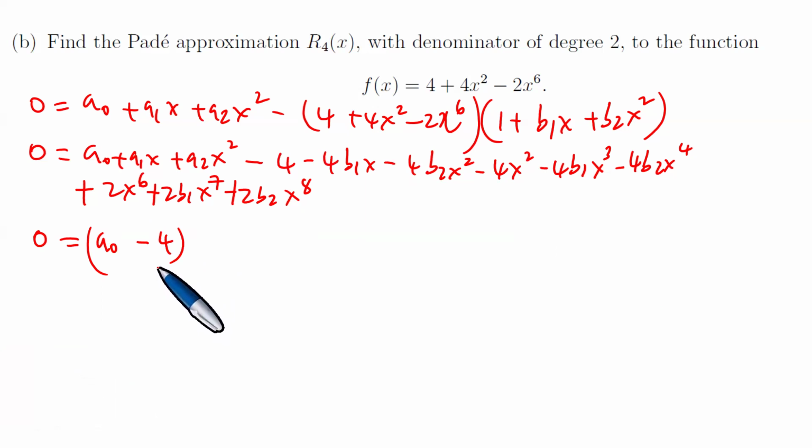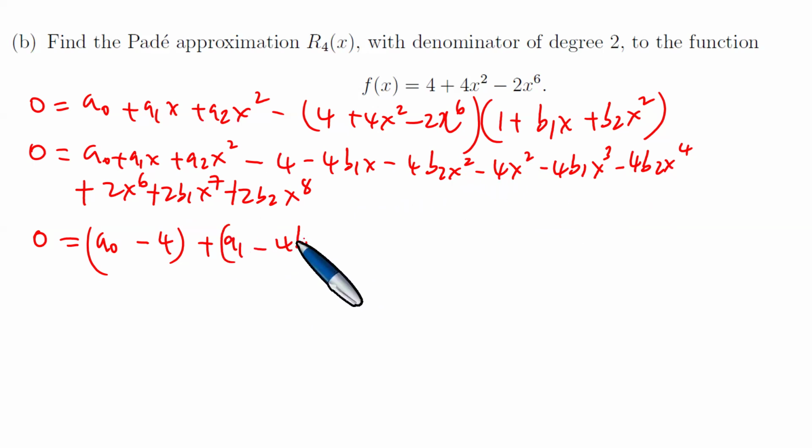And then we continue. Let us check. Then we have the linear terms, the x terms. There is an A1x, and then there's minus 4b1x. No other x term.